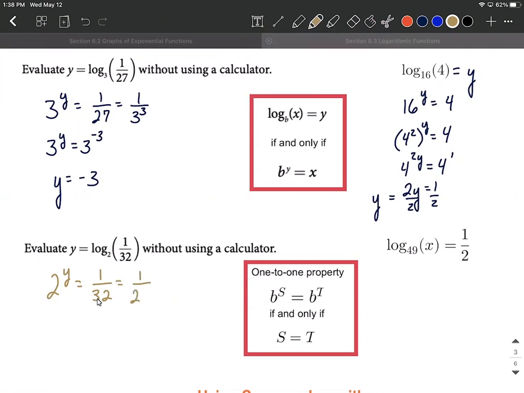Let me see, that's 2, 4, 8, 16, 32, and that's 2 raised to the 5th power. From here, we can also rewrite it, move it up to the numerator by saying 2 to the -5th power is equivalent to 1/2 to the +5th power. So we're at the point where we have 2 to the y is 2 to the -5th. We're allowed to drop those bases, set the exponents equal, and we end up with y equals -5.